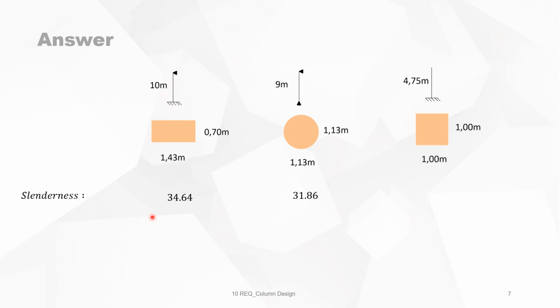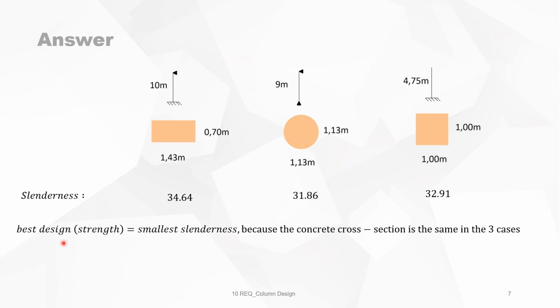And we see in the 3 cases, the slenderness is close to each other, but the smallest slenderness will have the largest bearing capacity. So the best design for strength is the smaller slenderness because the cross section is the same in the 3 cases.